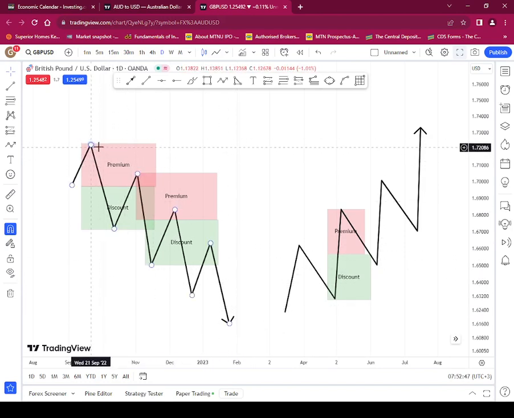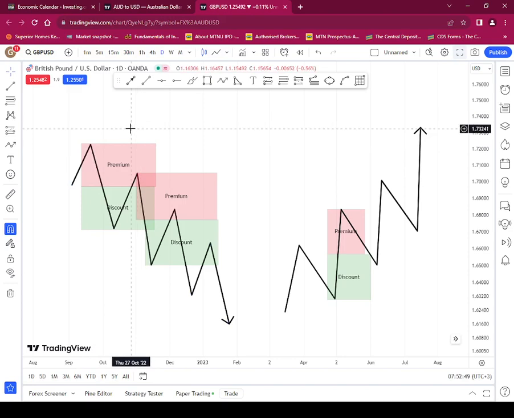So if this is the direction of price of maybe what's happening to a certain share, let's say an Apple share in a certain day, week, month, or year, or maybe the price of gold, or in this instance, the Great Britain pound paired with the US dollar.